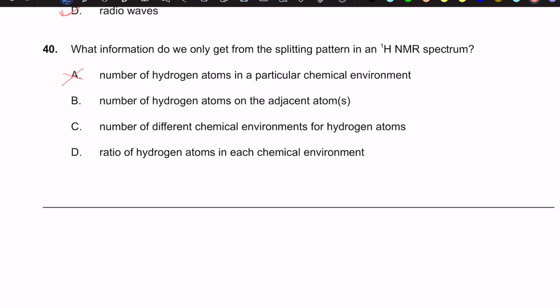A is definitely wrong. Number of hydrogen atoms on the adjacent atom: yes, B is the right answer. The number of hydrogen atoms on adjacent carbon atoms gives you an idea about the splitting. The next option, different chemical environments for hydrogen, is the same as A. The last option gives you the ratio of the sizes of the peaks. So for question 40, option B is the right answer.